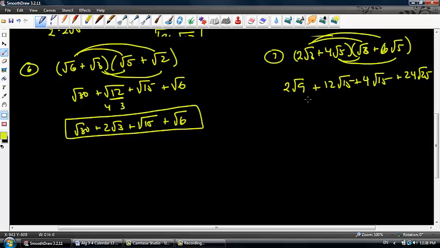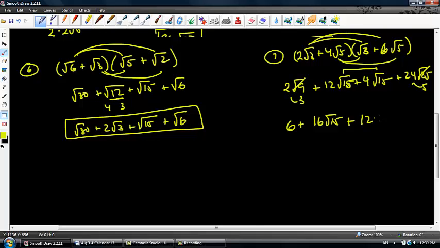So let's see what we can simplify here. This is 3, so 3 times 2 is 6, plus, well, these two happen to match, right? They're both rad 15, so I've got 16 rad 15, plus, well, rad 25 is 5, so 5 times 24 is 120, so I've got 126 plus 16 rad 15.